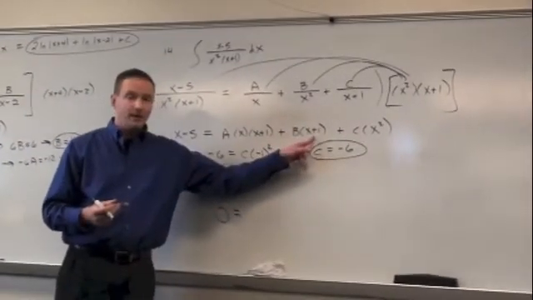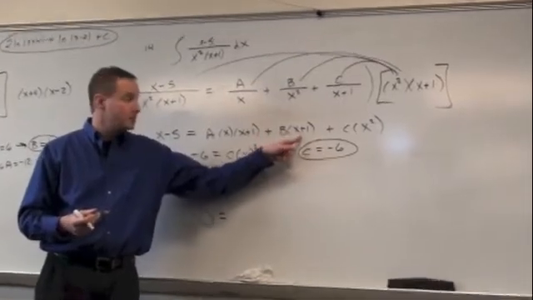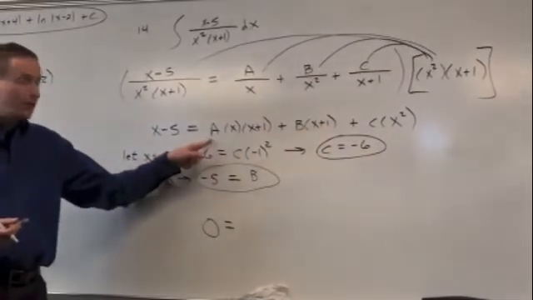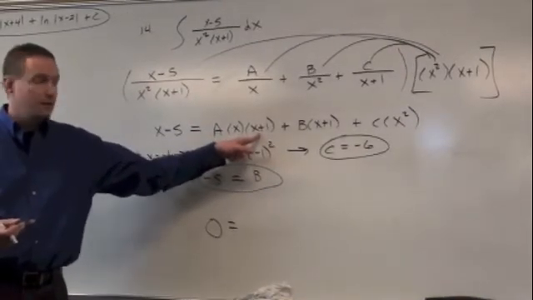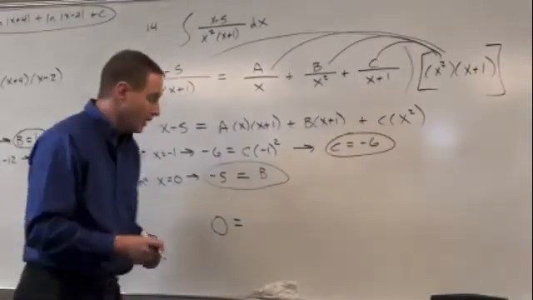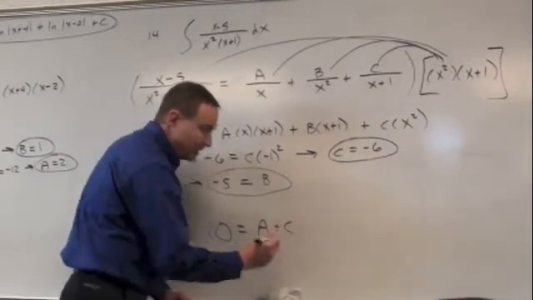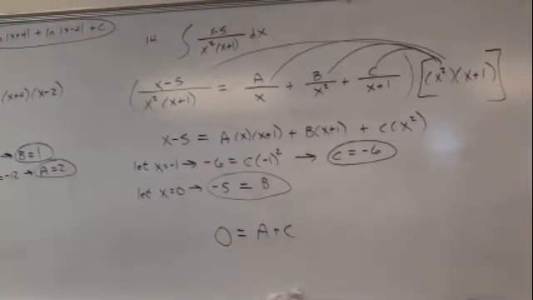B will not be a coefficient of x squared. There's no x squared it's multiplying. B will be a coefficient of x and a constant. Over here, though, A is going to be a coefficient of x squared. C is going to be a coefficient of x squared. So the coefficient of x squared on the right-hand side would be A plus C. I know I need the coefficient of x squared to be 0.